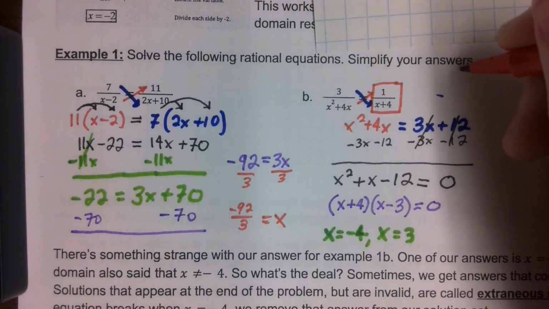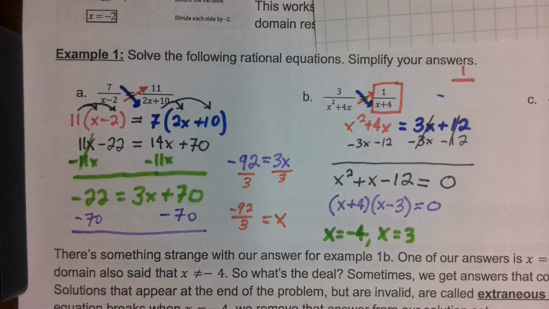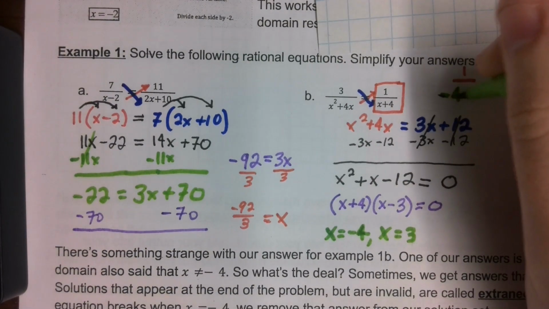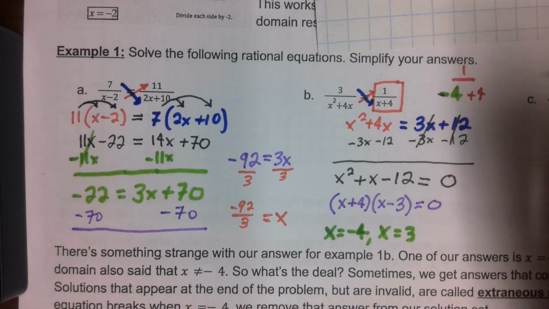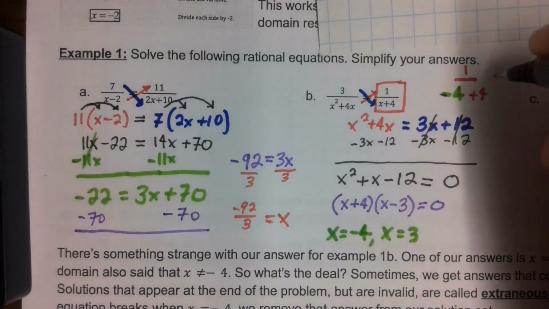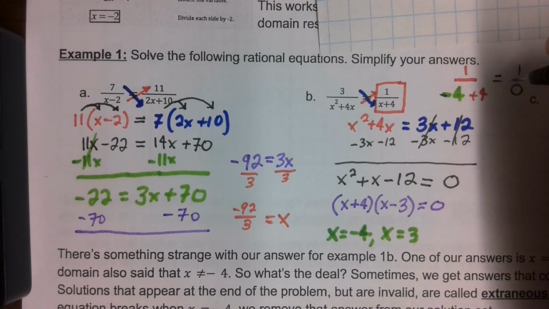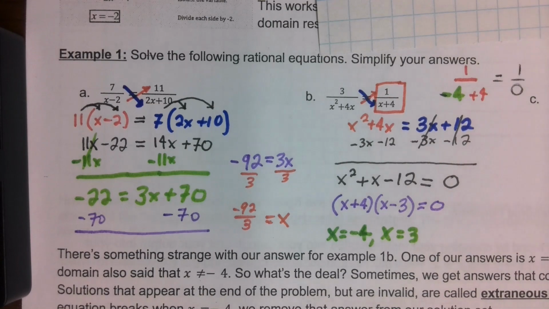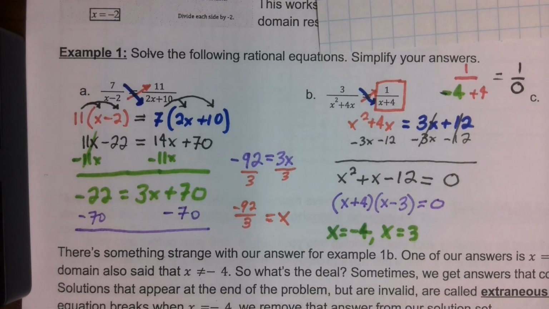If x is allowed to be negative 4, for instance, and we plug it in, we would get 1 over negative 4 plus 4. Negative 4 plus 4 is 0, and we get something that's not allowed to exist. We get 1 over 0, and we know that there are no rational expressions that are allowed to be over 0. It's not possible.